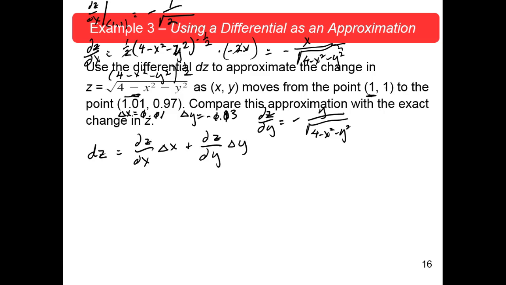Minus 1 over root 2, and I think you'll find the partial with respect to y is the same thing, minus 1 over root 2, just because the values are the same.